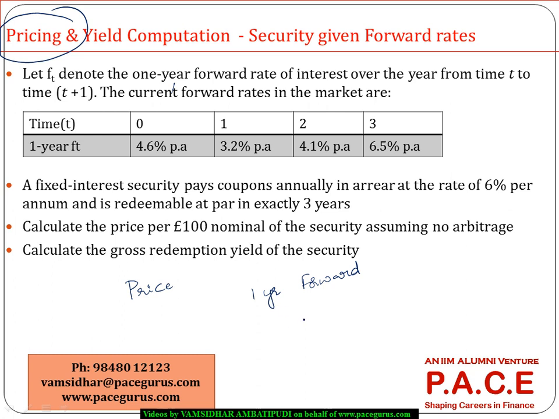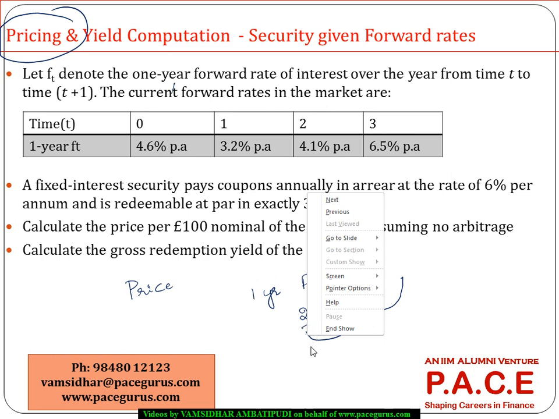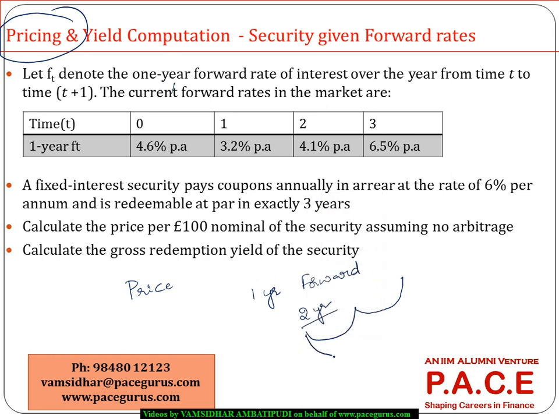We know the relationship that for a 2-year security, investing it for 1 year and then reinvesting for 1 more year, the return should be the same as investing it for 2 years at a stretch. Otherwise, it creates arbitrage opportunities.